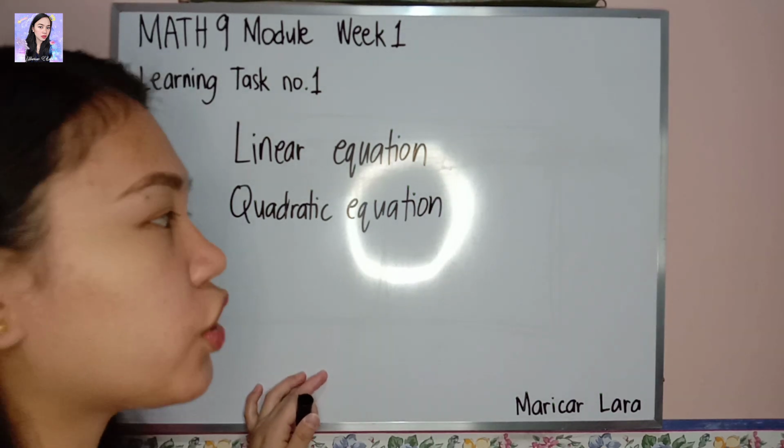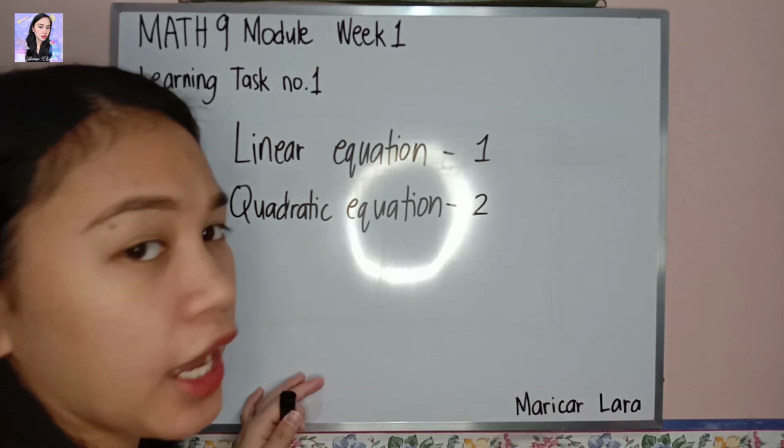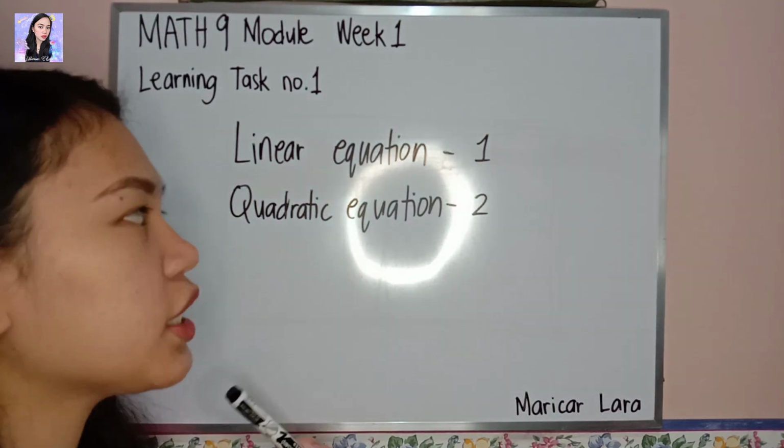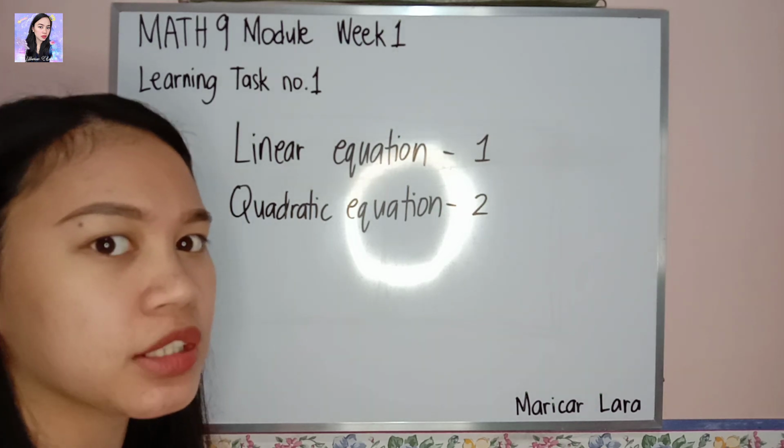So, the linear equation has a degree of 1. The quadratic has a degree of 2. So, that is where you will see the common properties of the equations in learning task number 1.